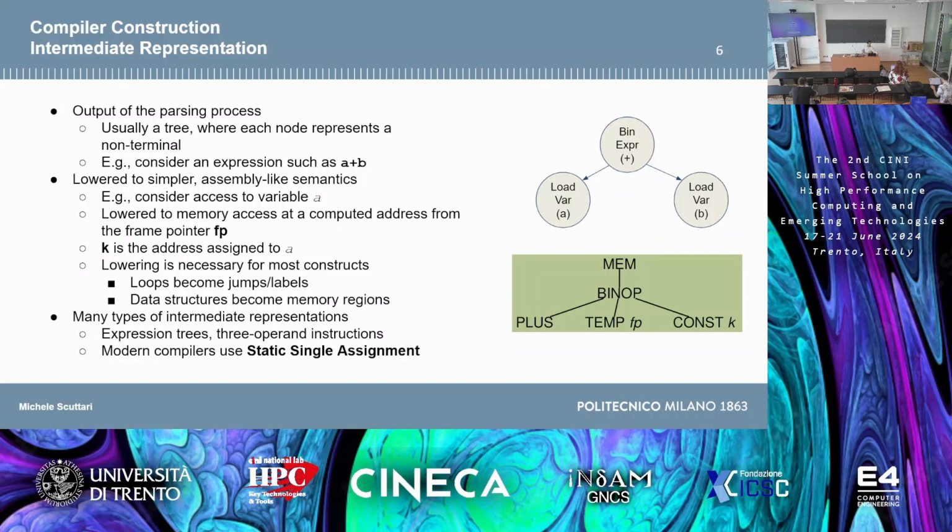Static single assignment is a class of intermediate representations where, you could say, the values of temporaries are assigned only once. Statically, so they can be assigned multiple times at runtime, but not in the code. So there is a single point in the code where each value is produced. Why is this useful? Because it allows you to represent values with the instructions that produce them.